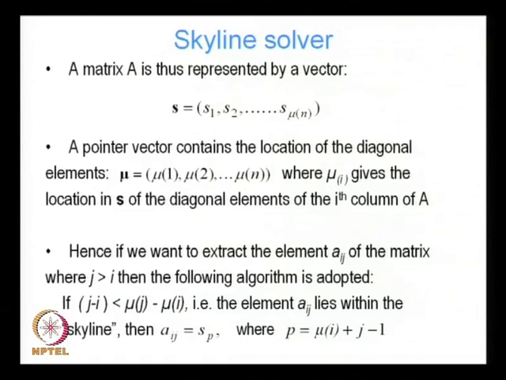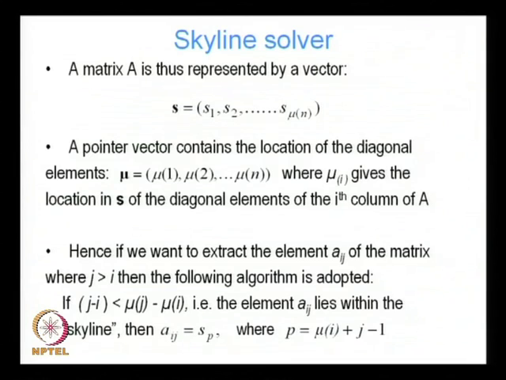If we want to extract element aij of the matrix where j is greater than i, then we can use the following rule. If j minus 1 is less than mu j minus mu i, which means that the element aij lies within the skyline, then aij is equal to sp, where p is equal to mu i plus j minus 1.